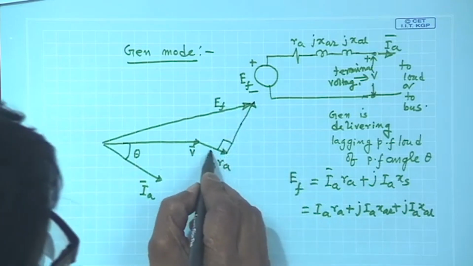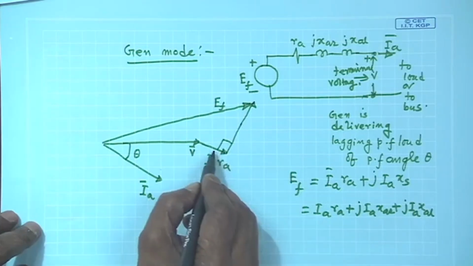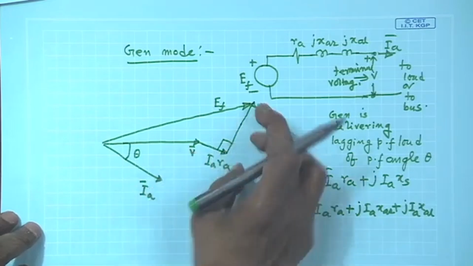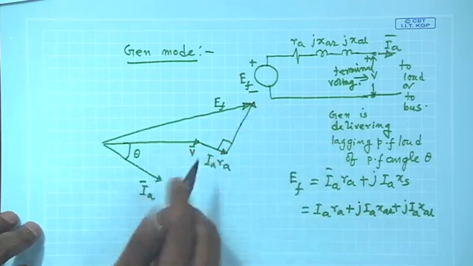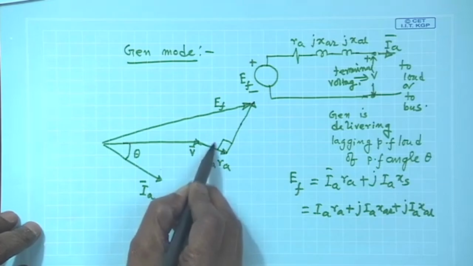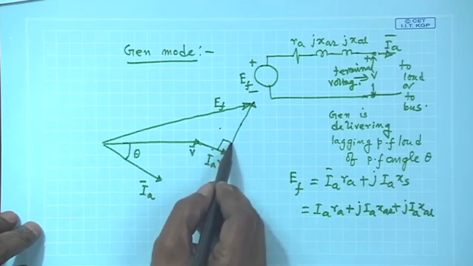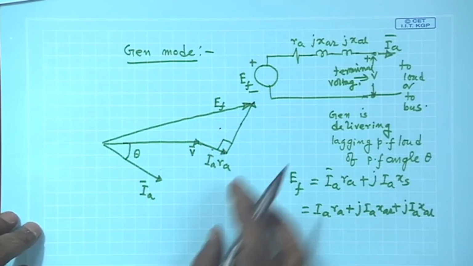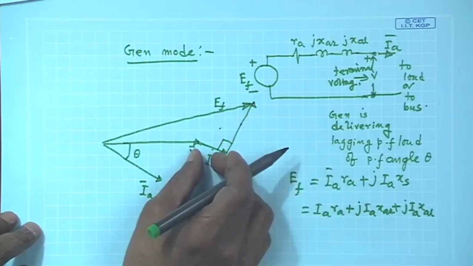In this one, the length of IA RA I have drawn quite large; these are really small. It is not drawn to scale, but nonetheless it is much bigger than this one.